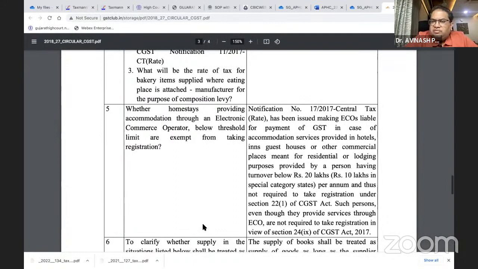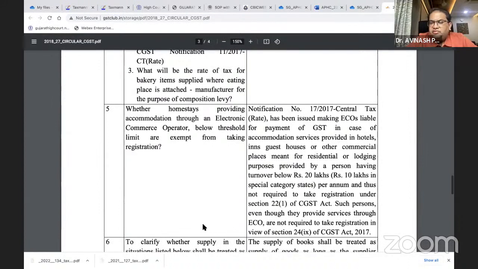So Notification number 17 of 2017 has been issued, making electronic commerce operators liable for payment of GST in case of accommodation services provided in hotels, in guest houses, or other commercial places meant for residential or lodging purposes provided by a person having turnover below 20 lakhs per annum and thus not required to take registration under 22(1).